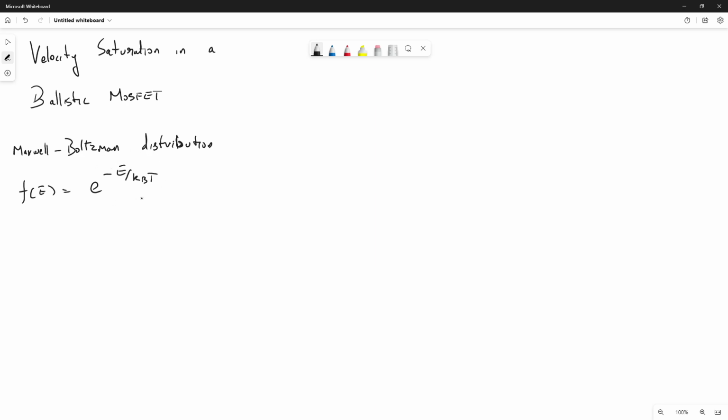Is this clear? This is the distribution function. Let me call this F_MB, Maxwell-Boltzmann, to distinguish it from the Fermi-Dirac function. Now the energy E can be written as half m star into vx squared plus vy squared for a 2D channel.